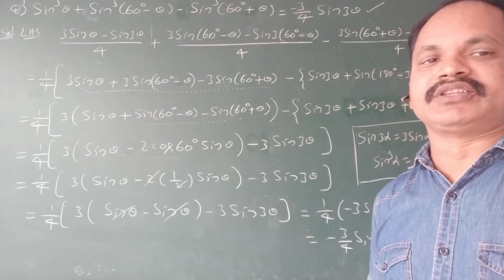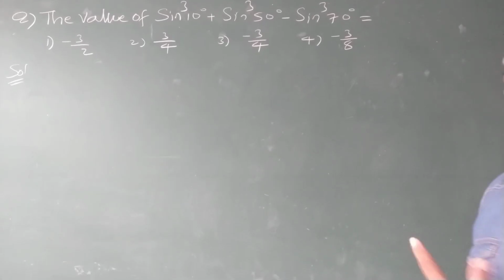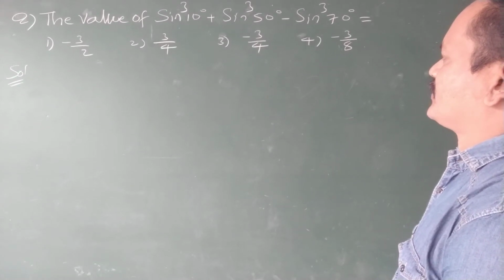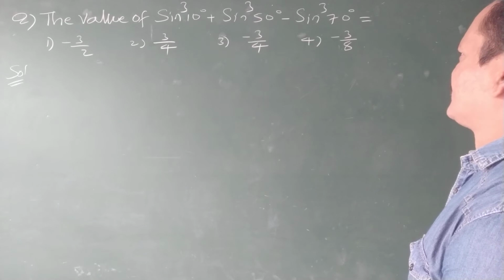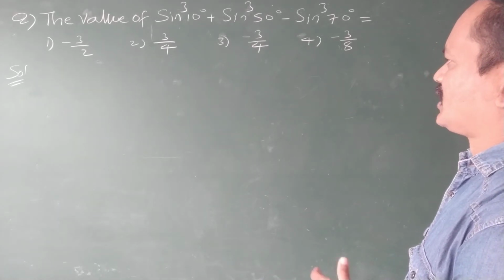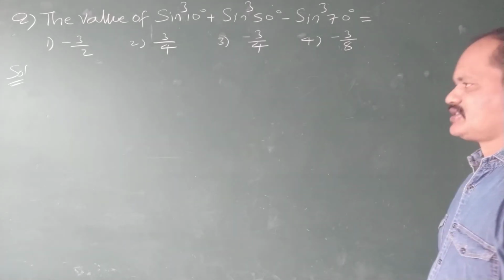Now we are going to the questions that depend upon this concept. The question: the value of sin cube 10 degrees plus sin cube 50 degrees minus sin cube 70 degrees is equal to, first option minus 3 by 2, second option 3 by 4, third option minus 3 by 4, and fourth option minus 3 by 8.